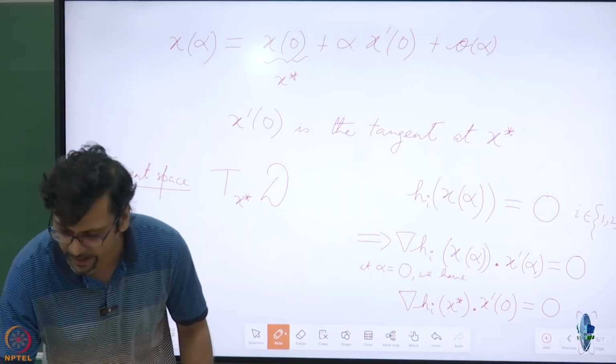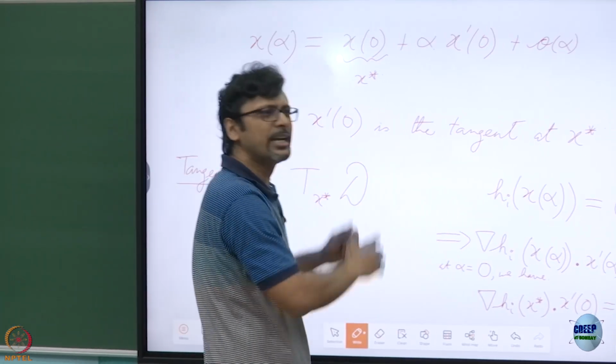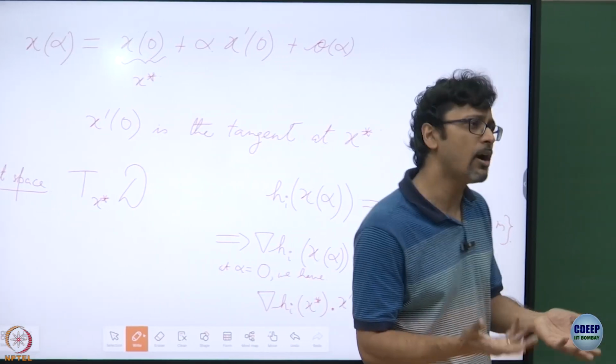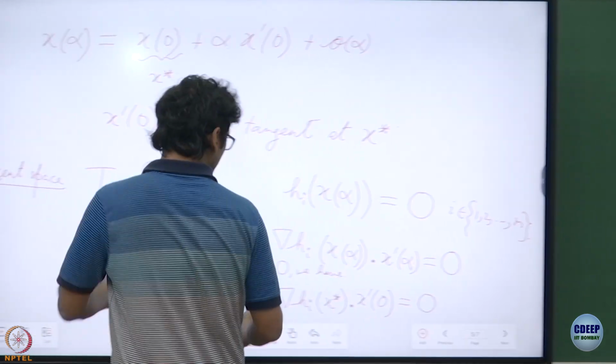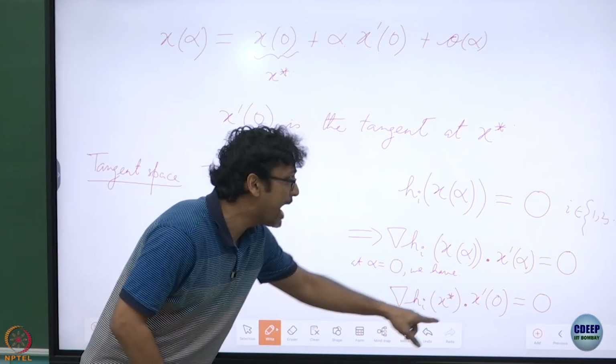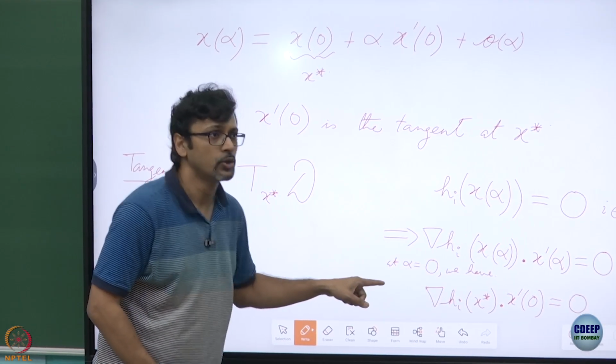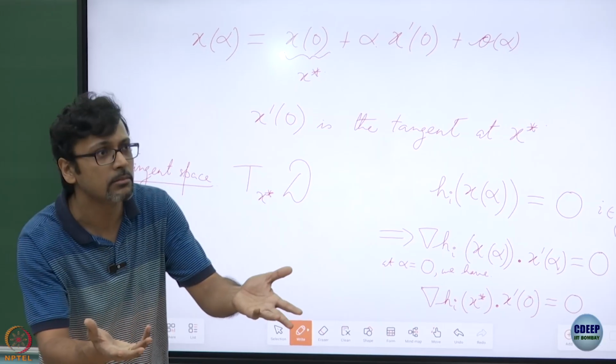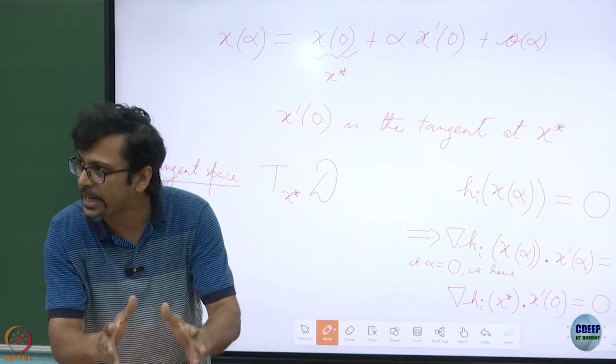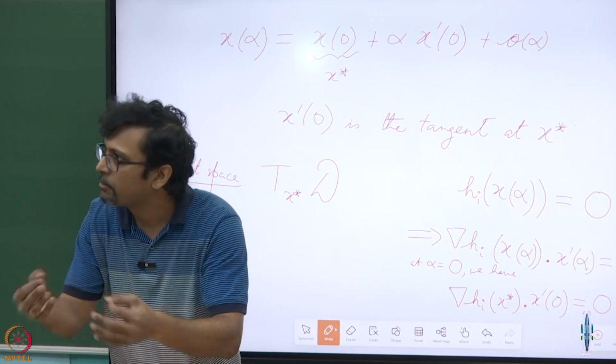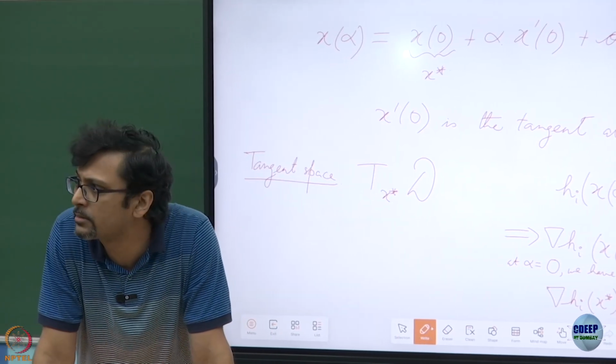Now suppose you have a vector, it's after all finite dimensional space, right. Suppose you have a vector which is orthogonal to each of these m gradients. So it is in the orthogonal complement of the subspace spanned by m linearly independent vectors.